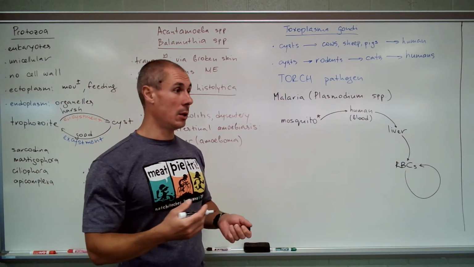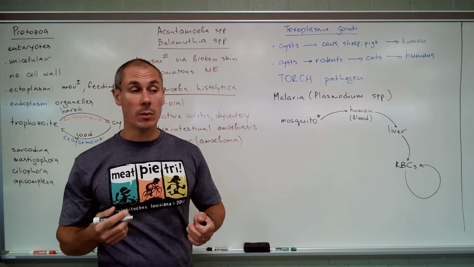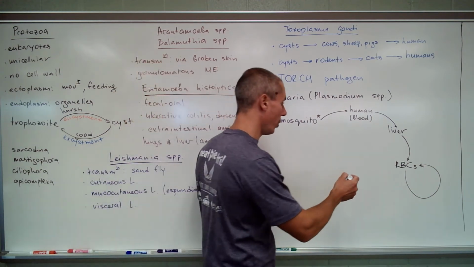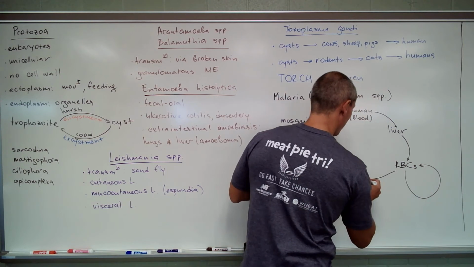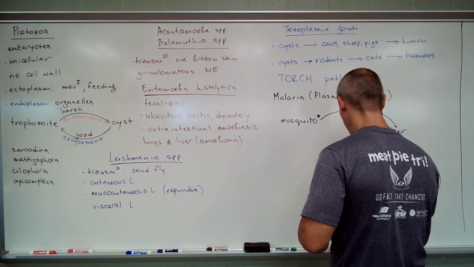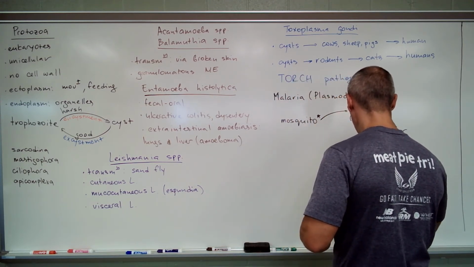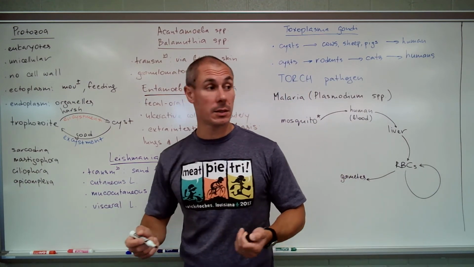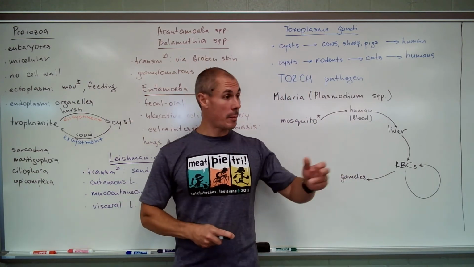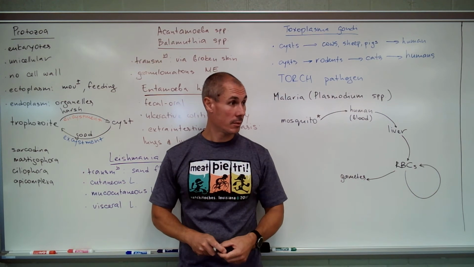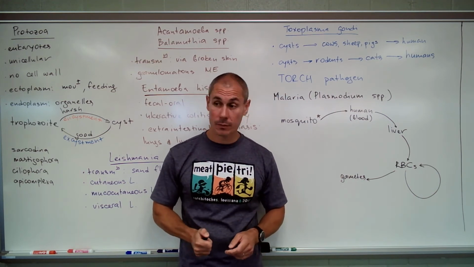Another possible outcome is that some of the replicating Plasmodia will produce gametes. So basically sex cells. And yes, Plasmodium has a male and female sex. Okay, so male and female gametes.